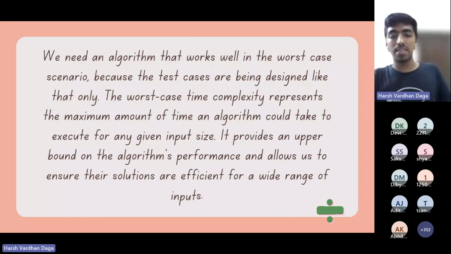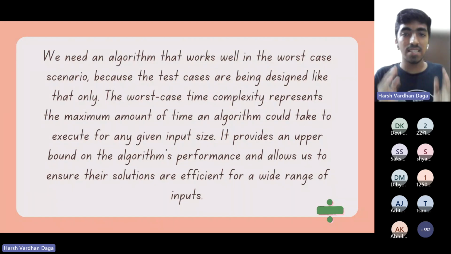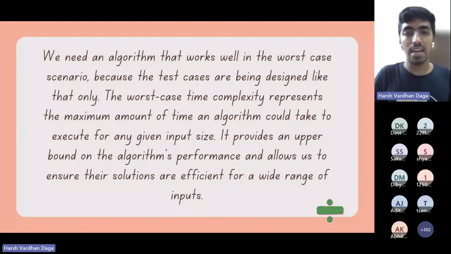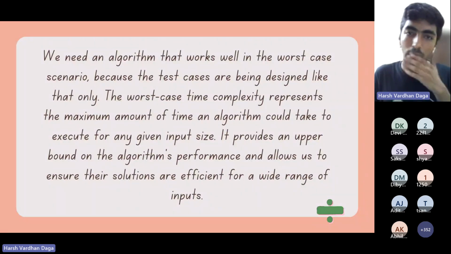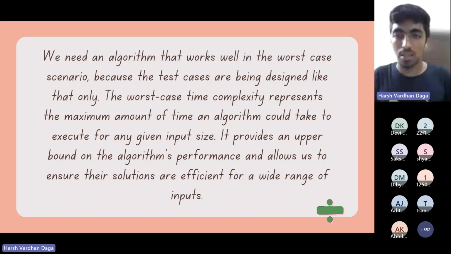So worst case helps us to write our algorithms perfectly, even though its name is worst case. We need to devise an algorithm which works well in the worst case.